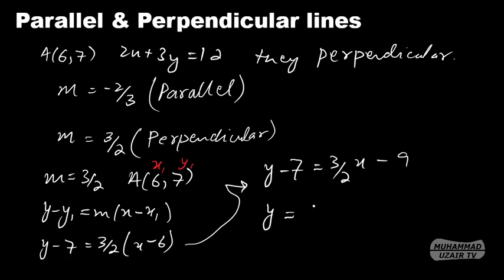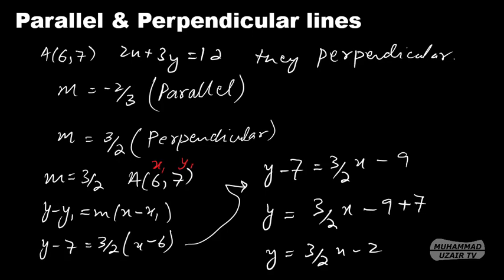So y is equal to 3 divided by 2 x minus 9 plus 7, as this sign will be changed to plus. So minus 9 plus 7, so y is equal to 3 divided by 2 x minus 2.